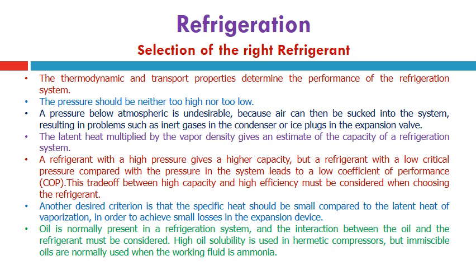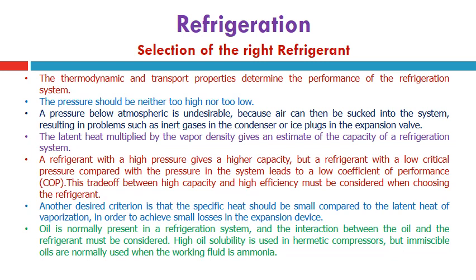The latent heat multiplied by the vapor density gives an estimate of the capacity of the refrigeration system. A refrigerant with a high pressure gives a high capacity, but a refrigerant with low critical pressure compared with the pressure in the system leads to a low coefficient of performance, COP.